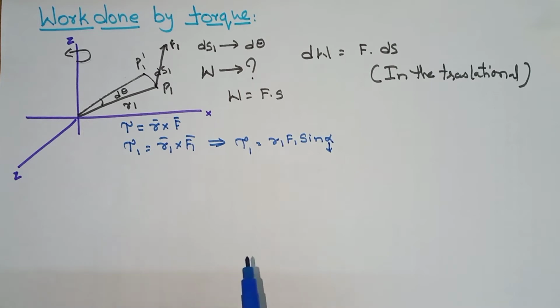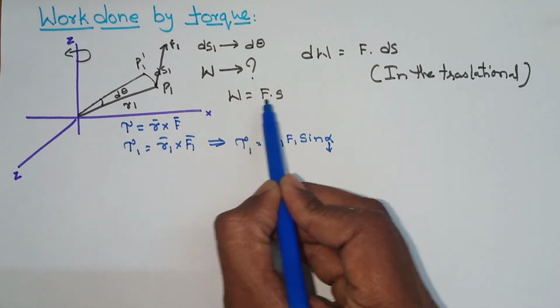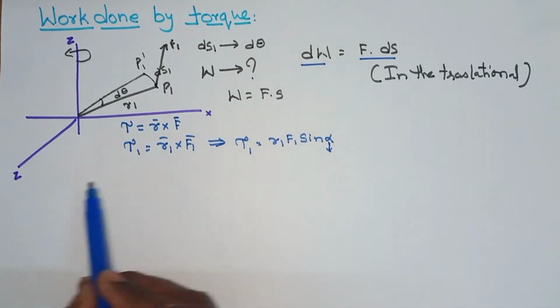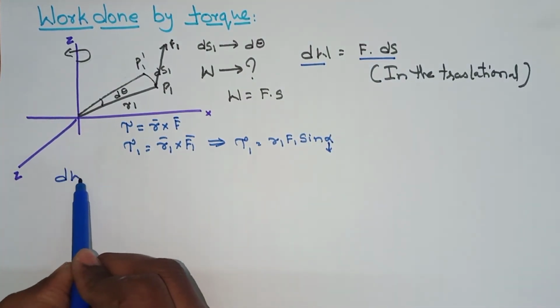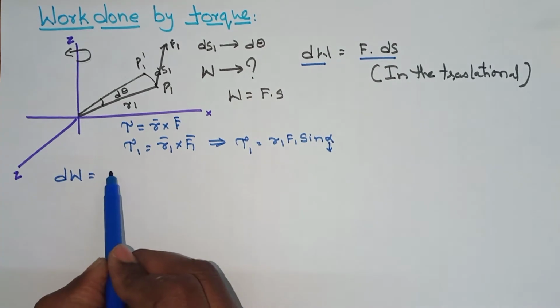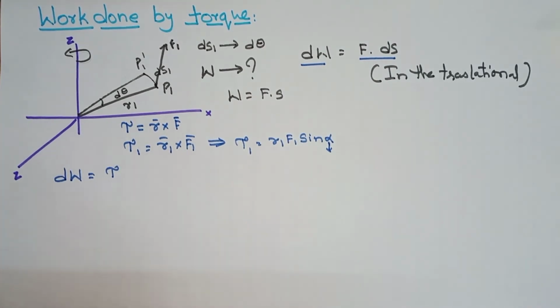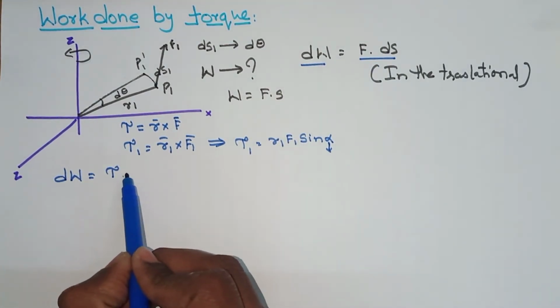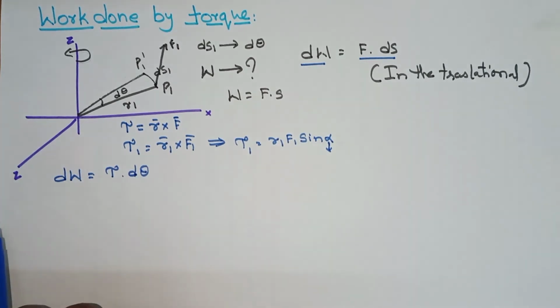Now how do we write the work done? dW is F into ds. In place of F I would write tau, and ds becomes d theta.